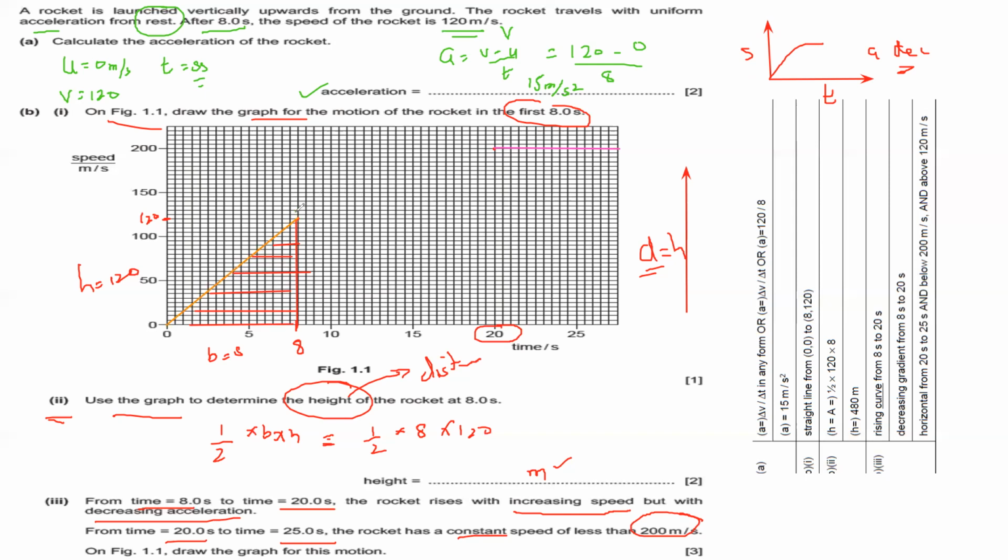So we will join the points, but we should continue to decrease the slope until it reaches a constant speed. Is it clear, this part?